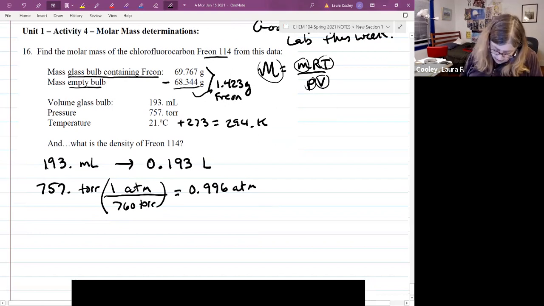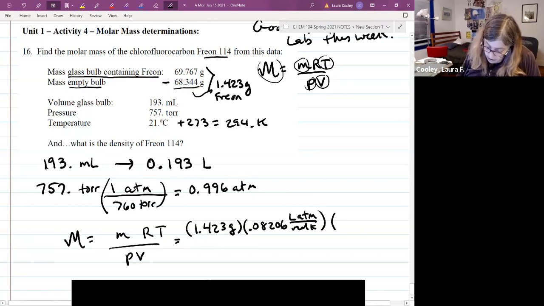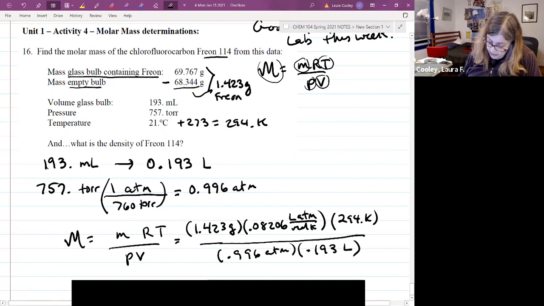So if we put this all together, it's 1.423 grams times 0.08206 liter atmospheres per mole Kelvin times 294, over 0.996 times 0.193 liters.